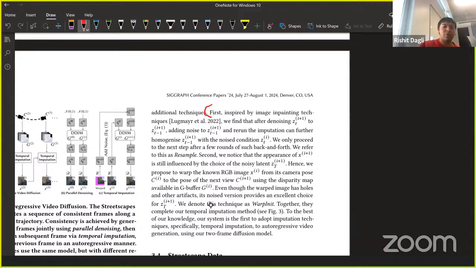Once you have the latent code for the i plus 1th frame, what you do is add a bit more noise to the previous time step and just rerun the imputation. As they say, this helps improve the consistency between both of them, which makes sense, right? Because you're just doing this resampling again and making it more consistent.